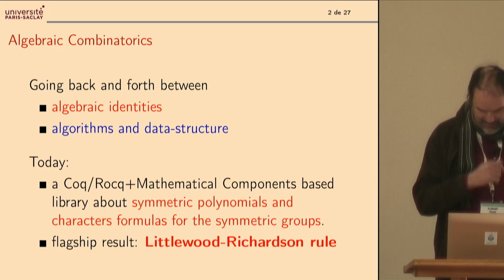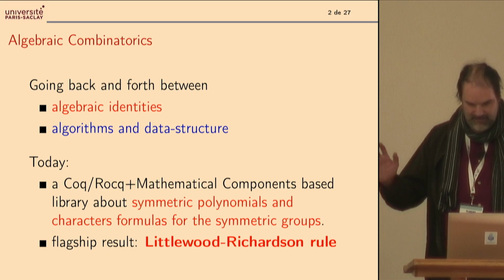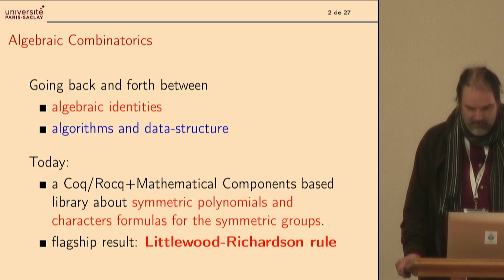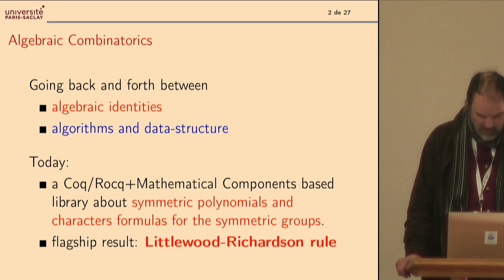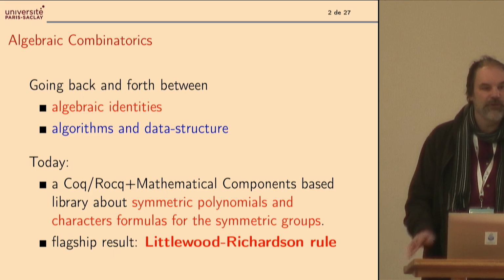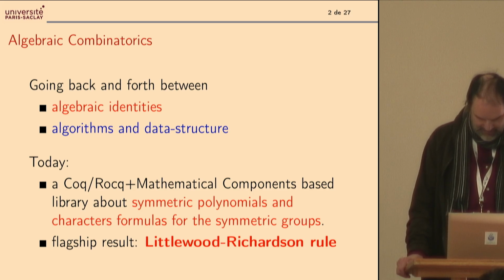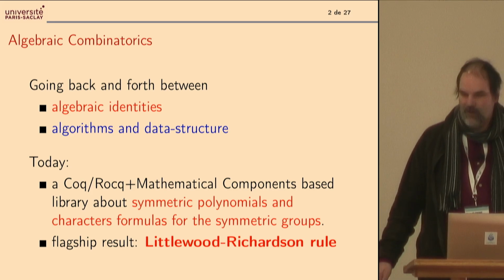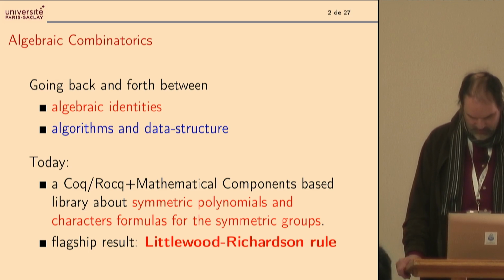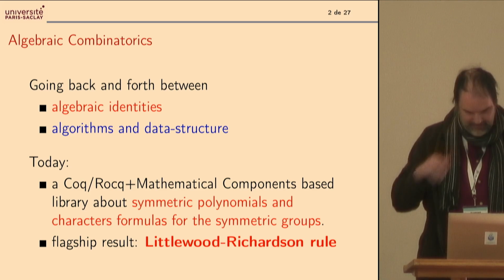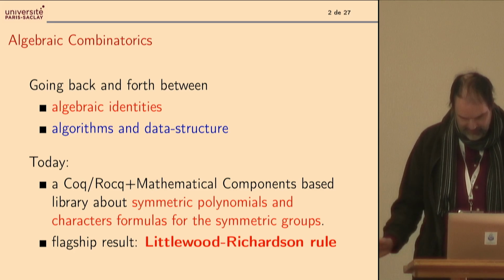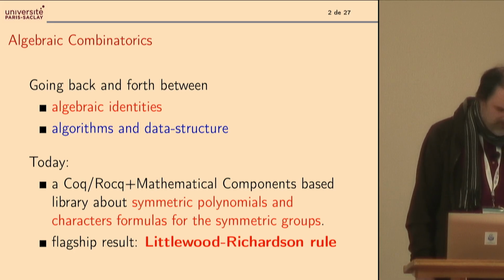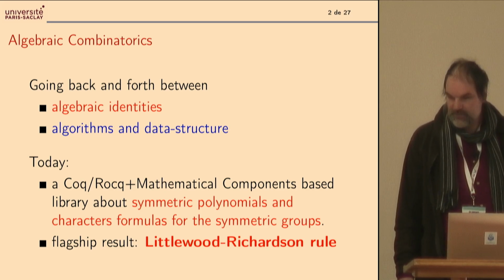And today, I will present a relatively large library based on Rocq and Mathematical Components. The library was developed under the lead of Georges Gonthier to prove the four-color theorem and the odd order theorem. And what I'm dealing with is symmetric identities, symmetric polynomials and character formulas for the symmetric groups.